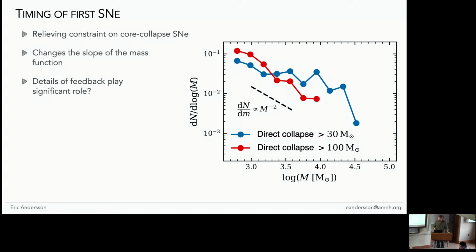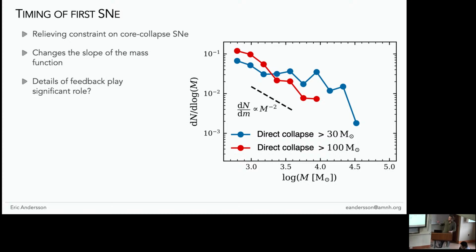So that's something that's quite interesting. I also mentioned that I have this assumption of directly collapsing stars to black holes when they are more massive than 30 solar masses. This is an assumption that has quite a lot of uncertainty. So I went ahead and tested what would happen if I just alleviated this assumption and let all stars up to 100 solar masses inject energy when they leave the main sequence.